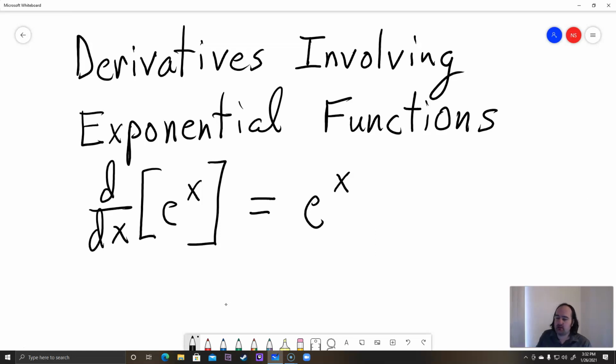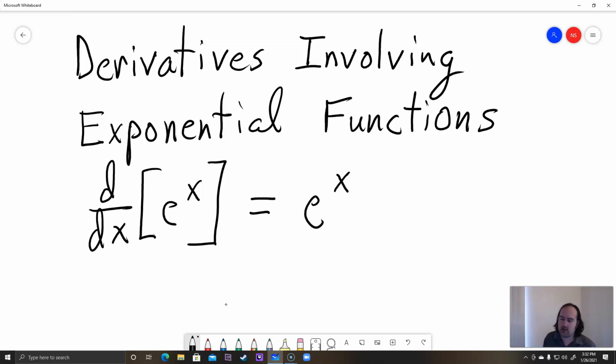Remember, e is equal to 2.71, something like that, and it goes on forever. It's a very special number because that function has a derivative which is itself. And it actually turns out that if you integrate e to the x, you also get e to the x. So it's a very special function that way.